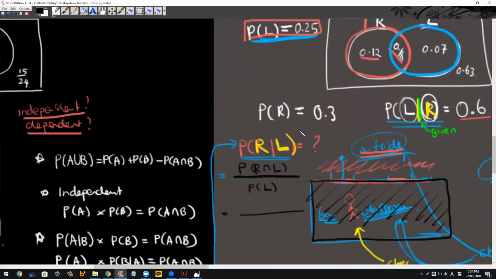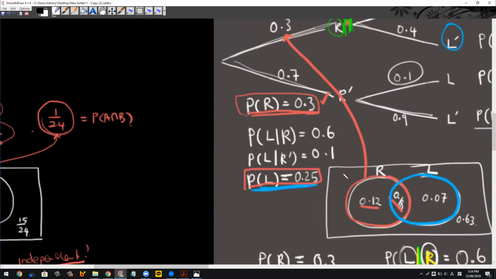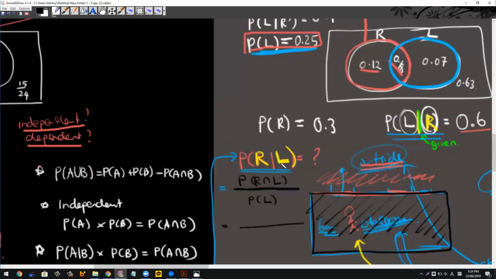So using this tree diagram, we finished this Venn diagram, and we can see that the probability of L is equal to 0.25. That's this one plus this one. So that was done last time. So 0.25 is this one here.